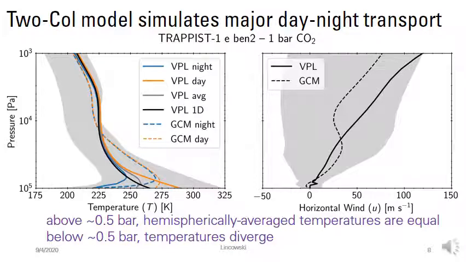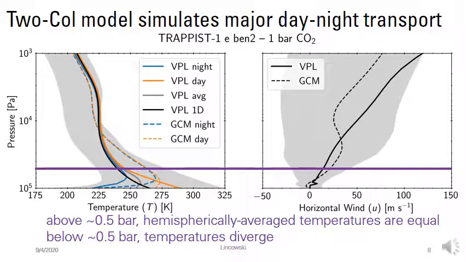And what you can see is that on the right, we'll start with the horizontal wind speeds, are coarsely reproduced by this model framework. The relative magnitudes are roughly the same, even if the actual shape is different. But what this really demonstrates is the general qualities of the hemispherical averages. On the left, you can see that below about 0.5 bar, the temperatures diverge towards the surface, similarly for both models.